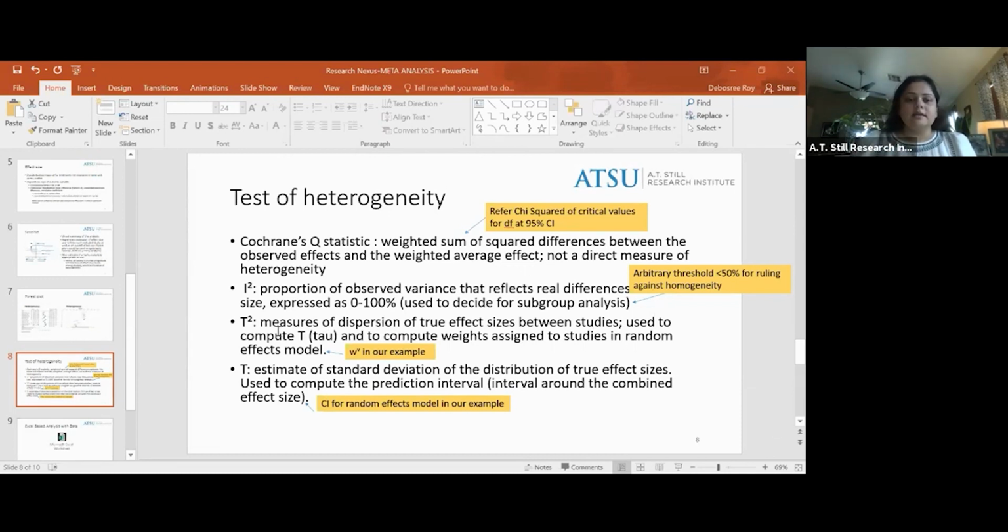Again, tau-squared and tau are only used when you go with a random effects model. In the real world, it's usually always a random effects model. Data is seldom homogeneous enough to actually run a fixed effects model.